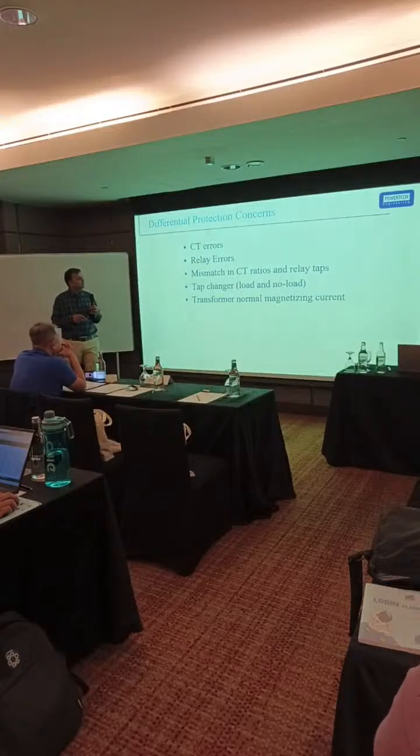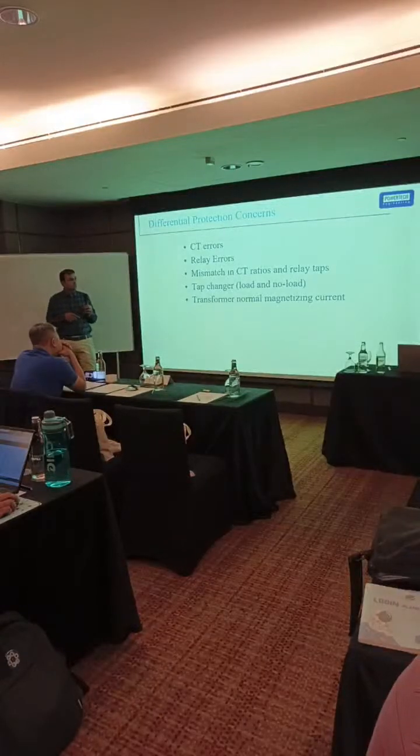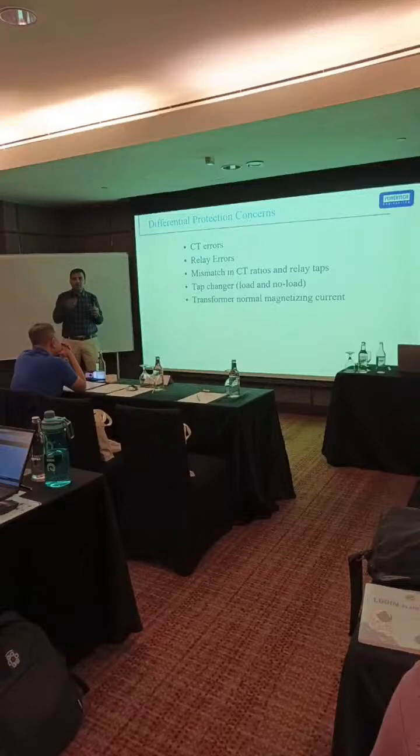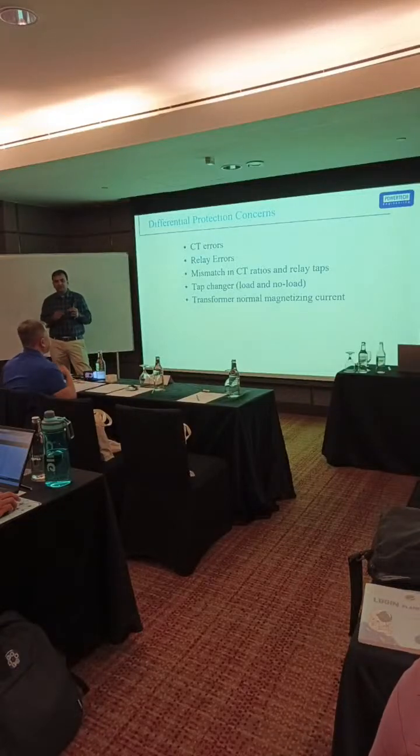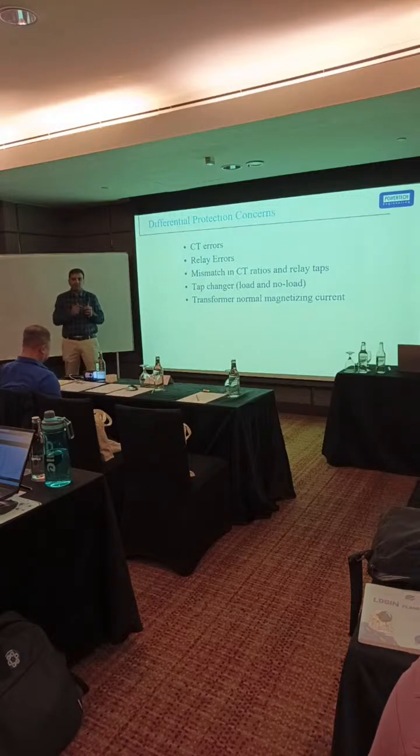Mismatch in the CT ratio and relay taps. If it is an electromechanical relay, there will be these relay tap errors, like yesterday explained how we compensate that through the taps.